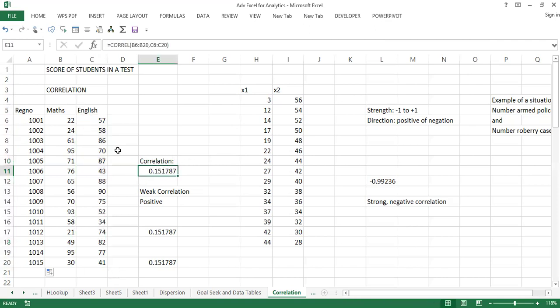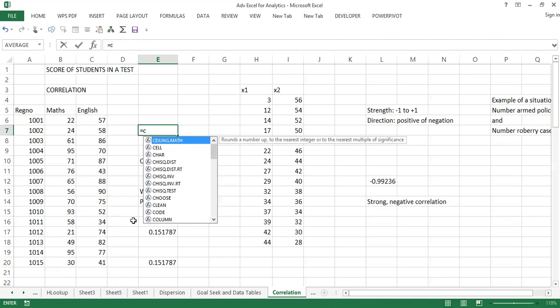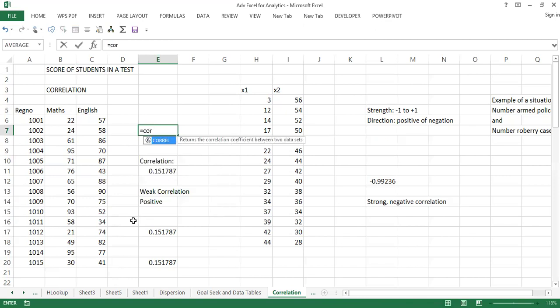Now we can compute to see the strength of the relationship, if any, and then the direction, whether it's positive or negative. To compute correlation, you can use the CORREL function, or you use the PEARSON function.